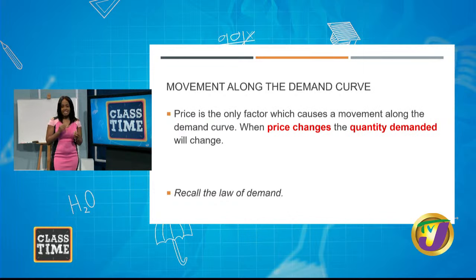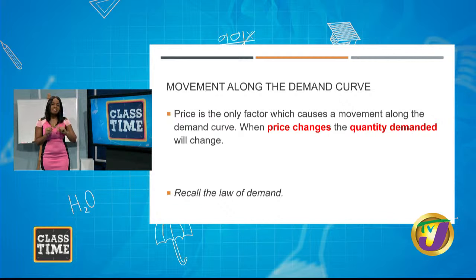So when there is a change in price, we are noticing that the quantity demanded moves along that same demand curve. There are different points along the curve that consumers will demand based on price changes. So price causes a change in quantity demanded. Remember, price causes a change in quantity demanded.